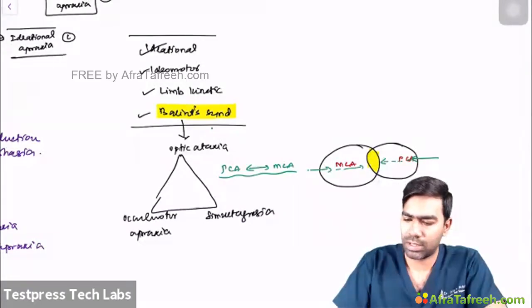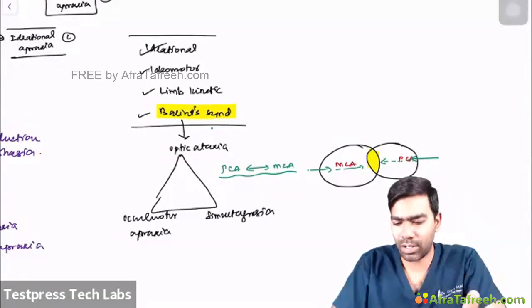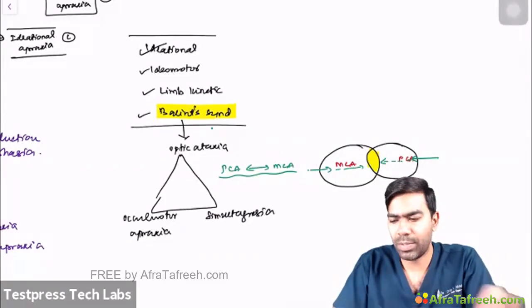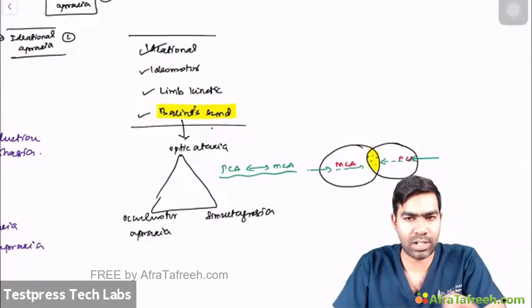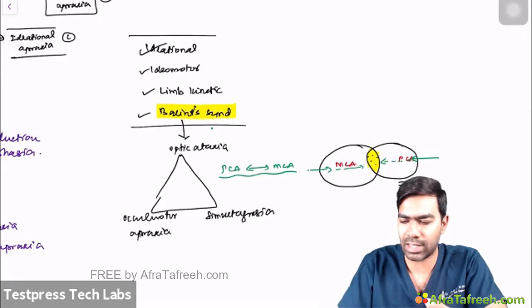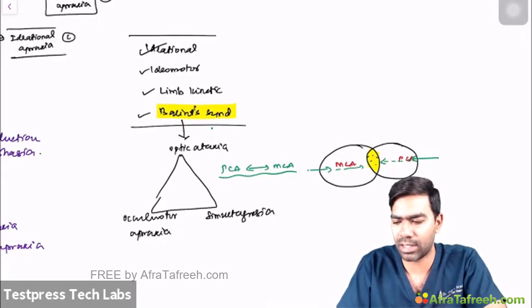Whenever one particular artery is infarcted, for example PCA or MCA is damaged, this watershed area will escape, because other areas may be affected, but the watershed area will escape because of the bilateral supply that it is receiving.